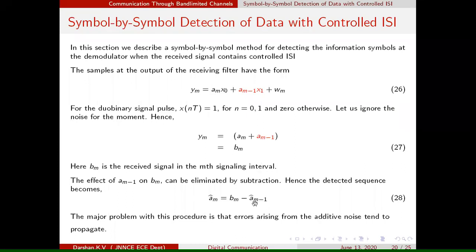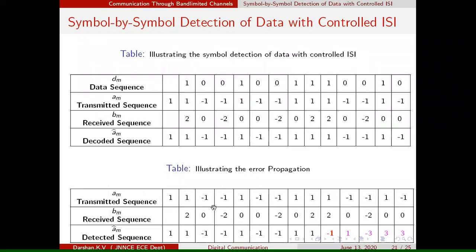So you need to subtract the previous symbol, which is indicated as A_m minus 1 cap. Why are we writing cap over here? Because we are at the receiver and we are detecting. At the receiver, we always write the symbol in terms of cap, A_m cap.